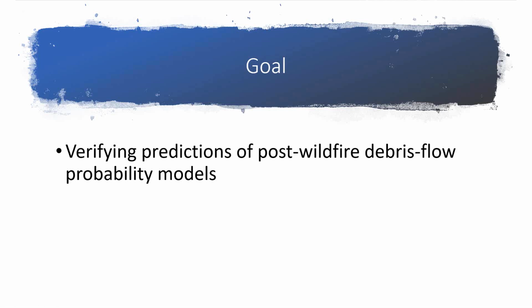Hey, thanks, everyone. So I'm just going to talk a little bit about a new thrust of our project to gather more information about debris flows once they happen to better inform our probability models.